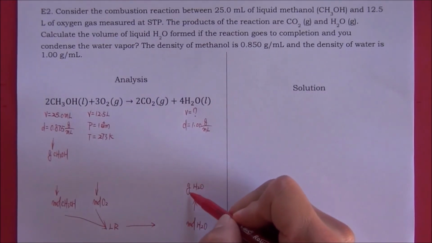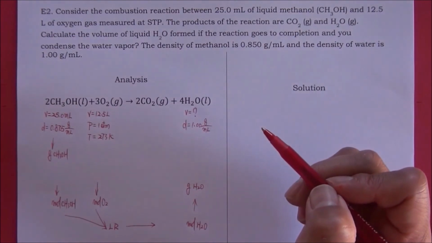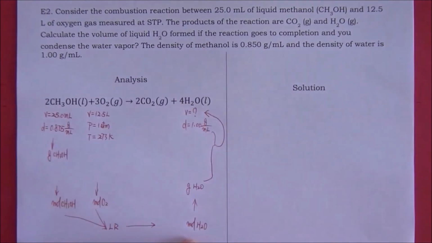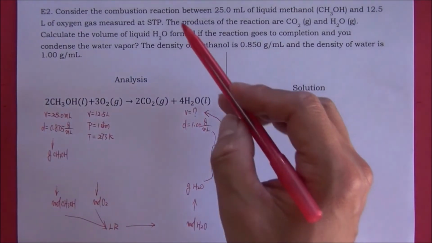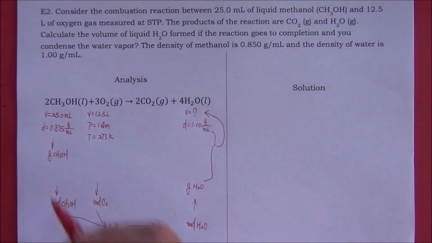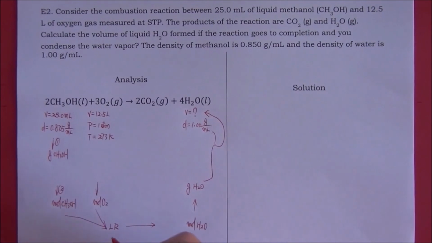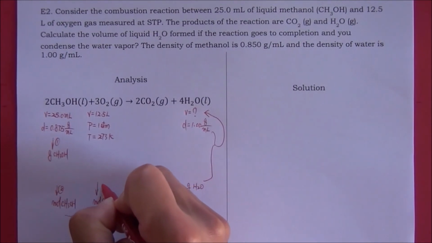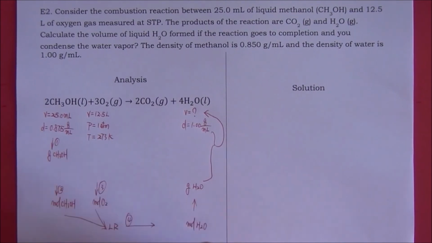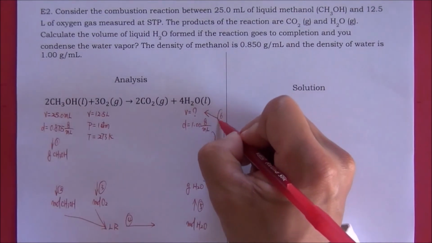And if we know the grams, which is the mass of water, and we know the density of water, we can use the density formula to find out the volume of water. Now we can see we turn a complex problem into detailed steps. Step 1, 2, 3, 4, 5, and 6.